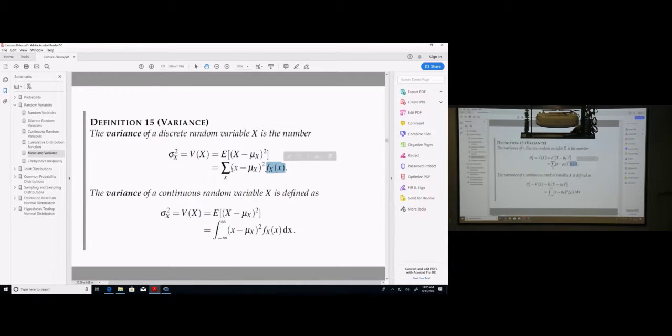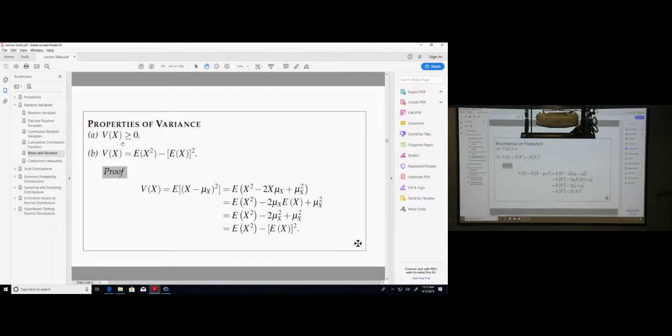And this expression is also non-negative. So as a result, when you're adding non-negative things, it can't give you something negative. Similarly, for the integral, your probability density function is non-negative, and this part is also non-negative. So everything in your integrand is non-negative, and when you're integrating, it will also be non-negative.